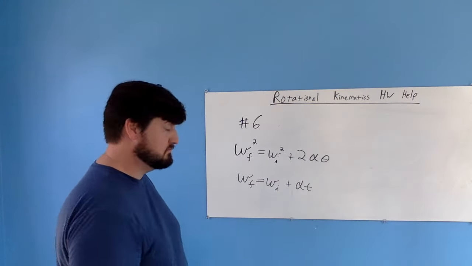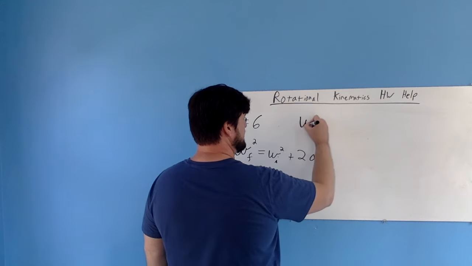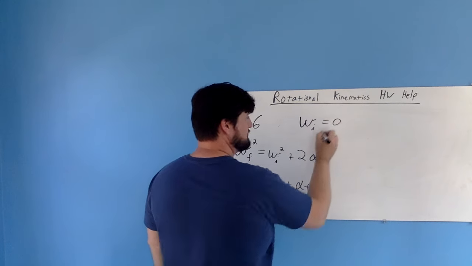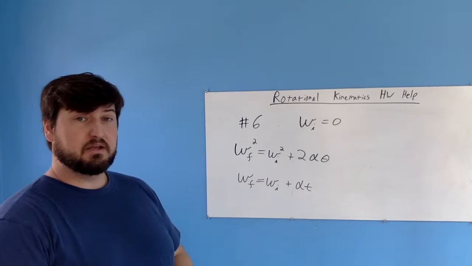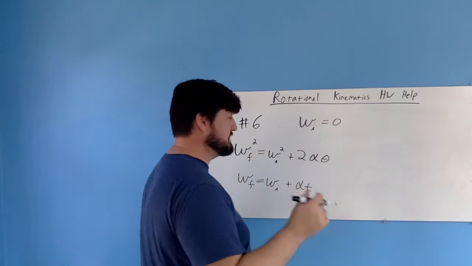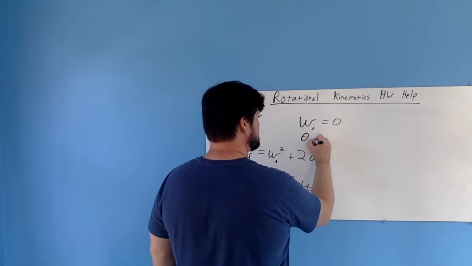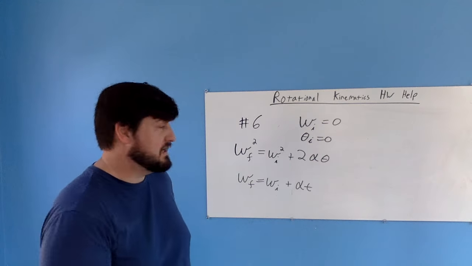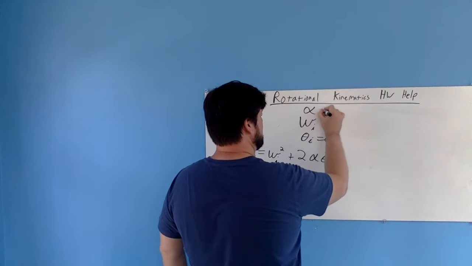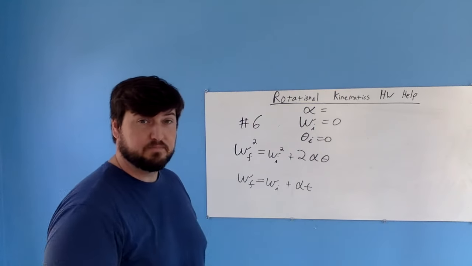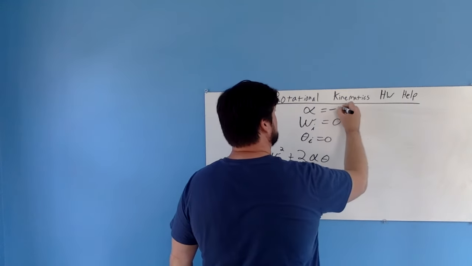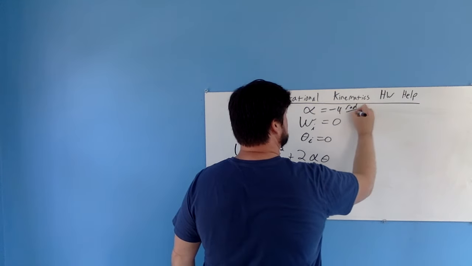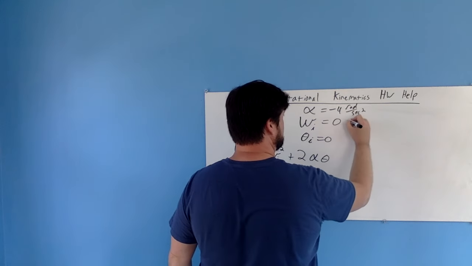What you know is that it starts from rest, so omega initial is equal to 0. And you know that it has an angle at the beginning, theta initial is 0. It has a constant angular acceleration, so it has a constant alpha, and that alpha is -4, and this is radians per second squared.